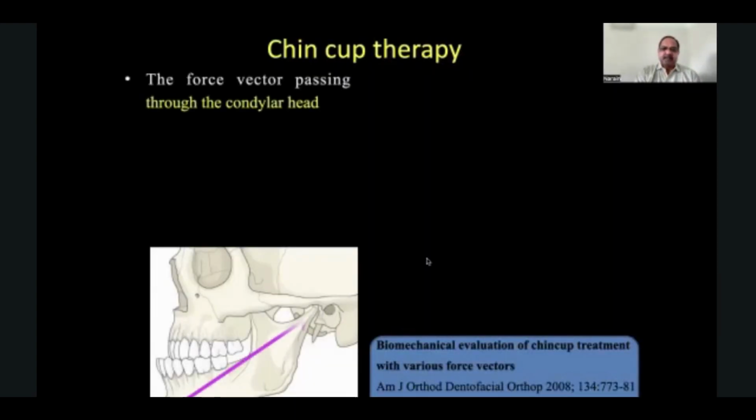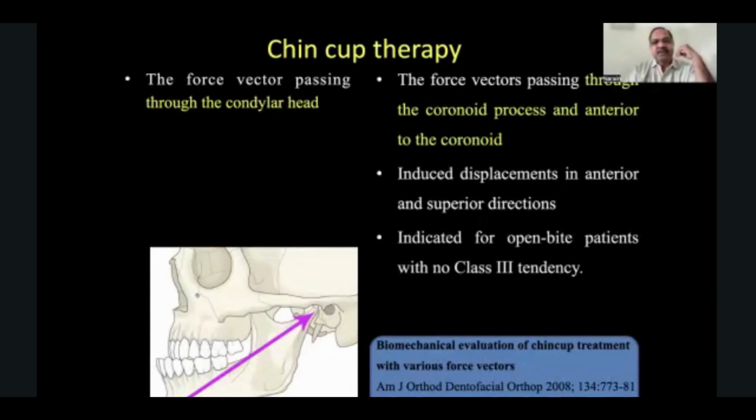Coming to chin cap therapy, when you're using a chin cap, if you want to restrict the mandibular growth, the force should travel through the condylar head. You have headgears also where the force vectors pass through the coronoid process or anterior to the coronoid. In these situations, there is good control of the vertical growth pattern also.